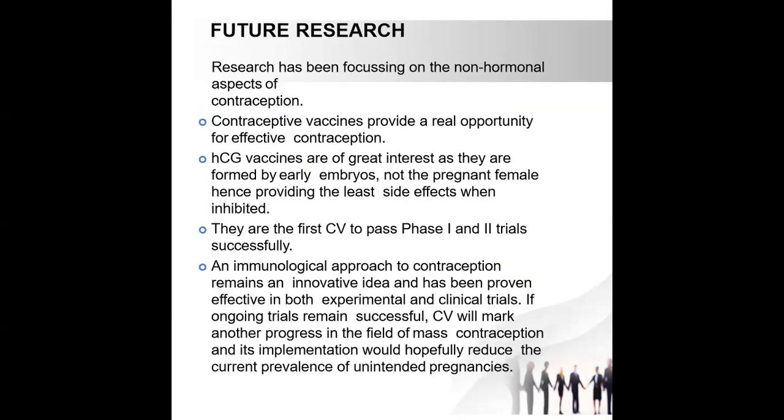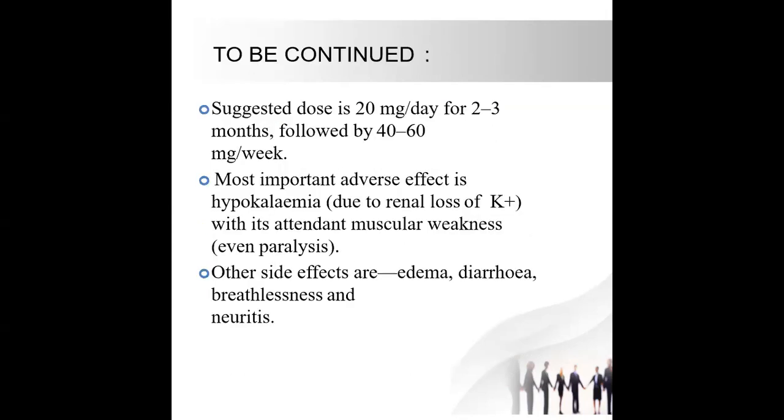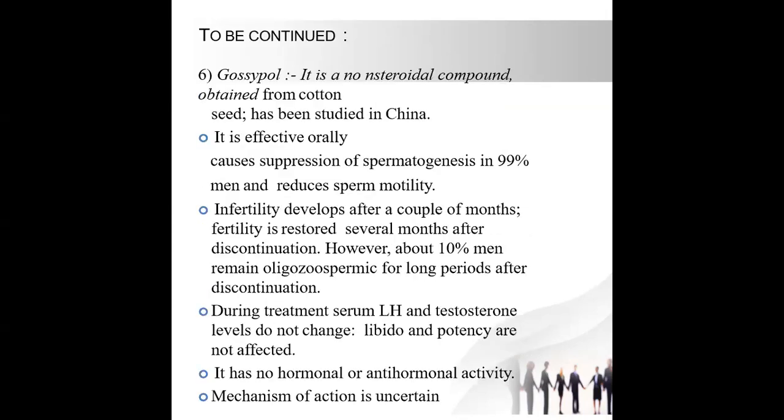Now, Gossypol has various effects on spermatogenesis, but the only problem with this Gossypol is that once it suppresses the spermatogenesis in 99% of the men and reduces the sperm motility, the infertility develops only after a few months.